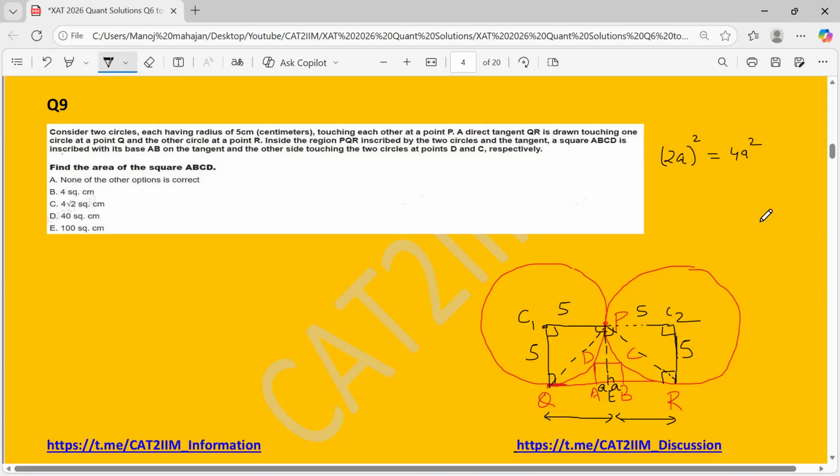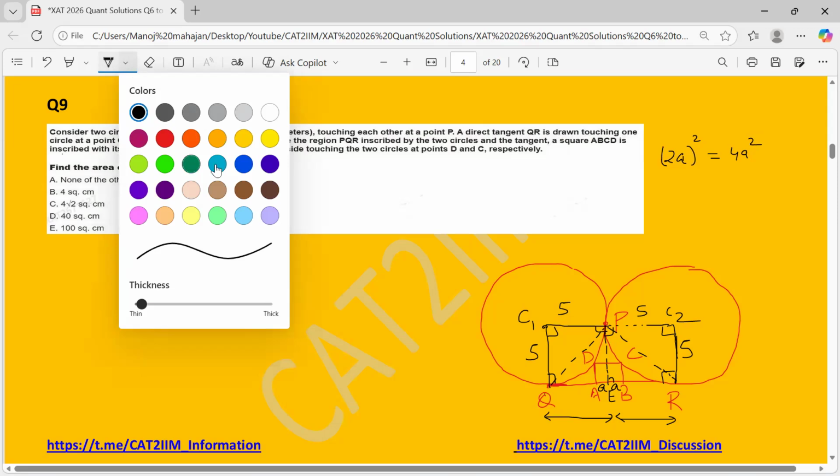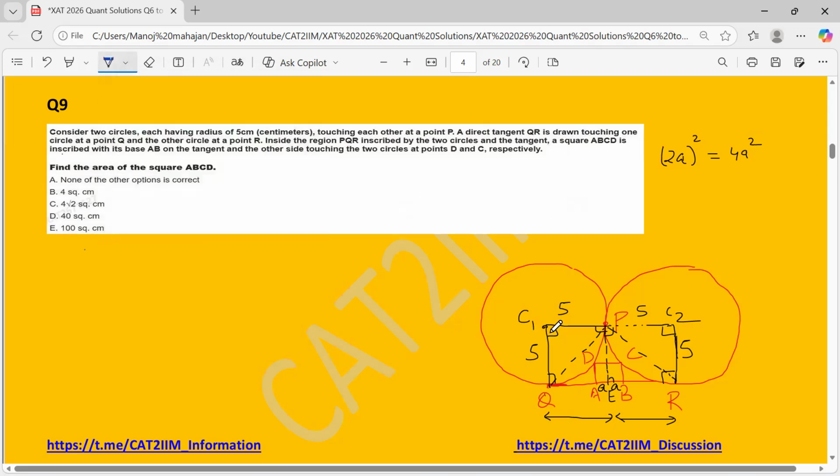So let's understand out here. If I use another color, let me do that. Let's say from center, if I join with the point D. So let me use some other letter, DF, let's say. So you know that C1P is 5, right?